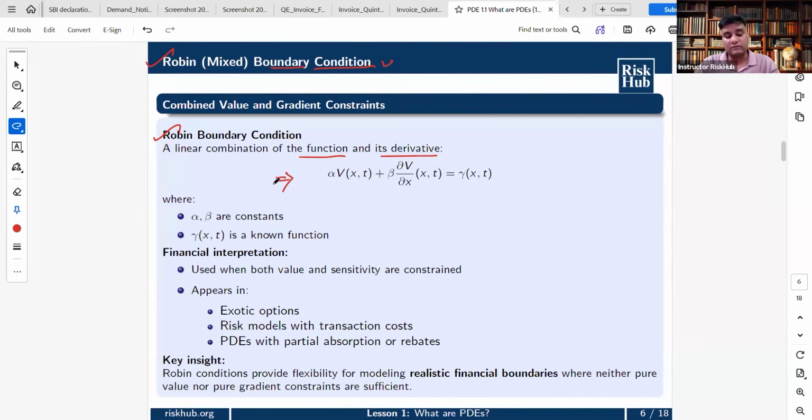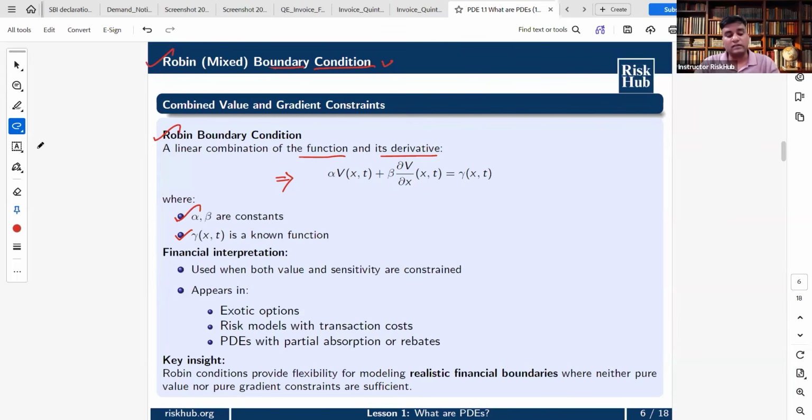Here the symbols are alpha and beta. Alpha is the weight on value, beta is the weight on slope or sensitivity. Then gamma of x and t is a known function, V is the value, and the partial derivative of V with respect to x is the gradient sensitivity.